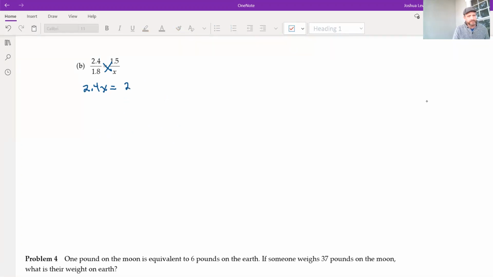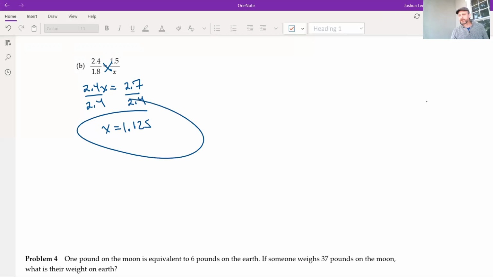And then we're going to divide both sides by 2.4. And what do we get? Well, we get x equals 1.125. Okay? So how do you solve a proportion? You cross multiply, you wind up with an equation, you solve for x. All right.